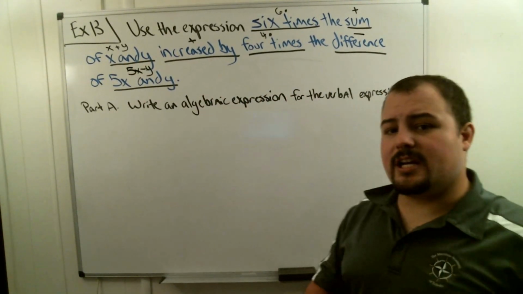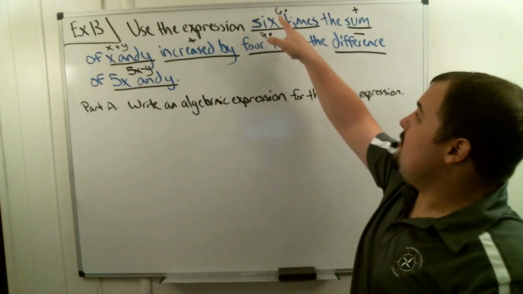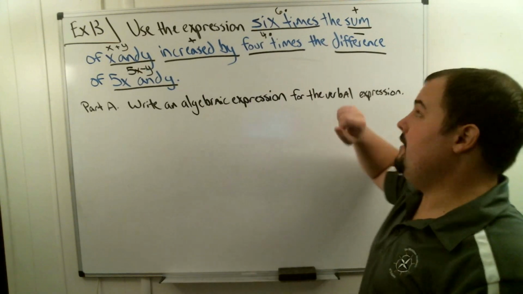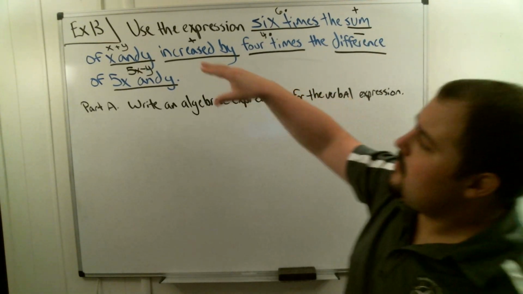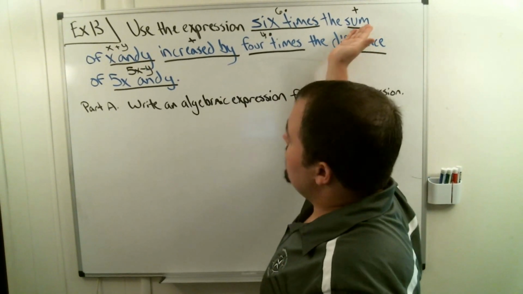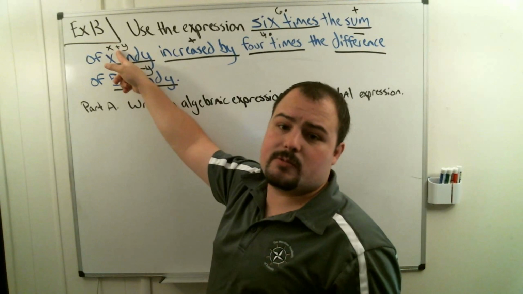So this is kind of the things I'm doing, I'm writing down what these phrases say. 6 times, so I should have 6 and a times sign. The sum means I'm really adding, but now I'm looking at the word sum and it's telling me I'm adding x and y. So now I have x plus y.